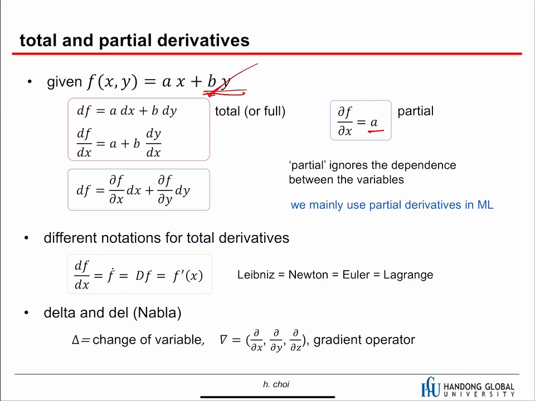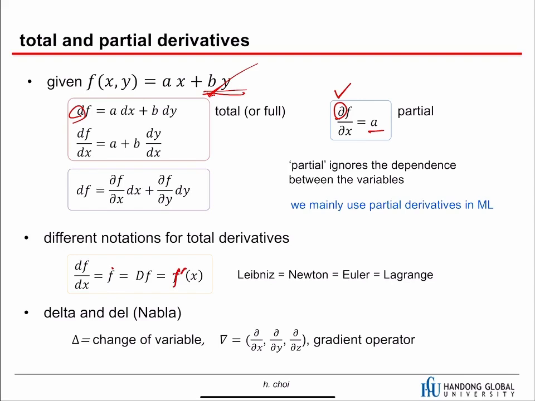Partial derivative in this one, not this one. We use this one. And there are different notations for total derivatives: df over dx is the same as f dot or f prime or f dash. So there are different notations meaning the same thing.